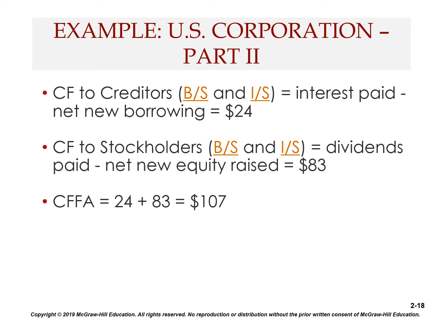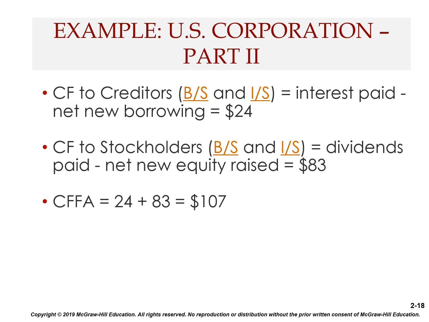Well, we subtract beginning of the year from end of the year long-term debt. 454 is the end of the year minus 408. So it increased over the year, didn't it?